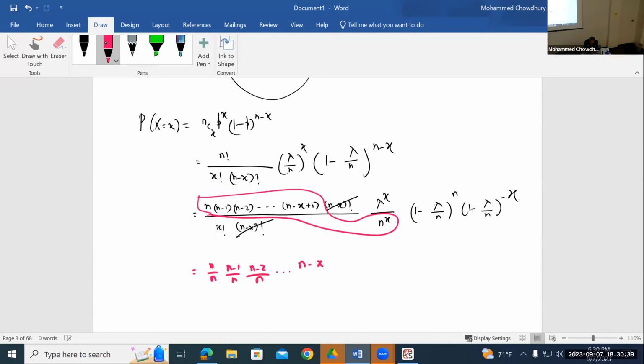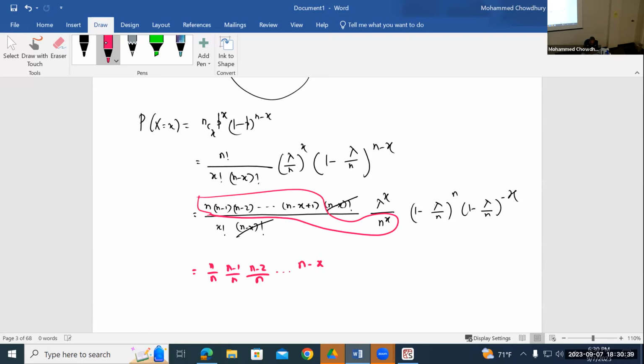Now the other quantity: suppose B equals 1 minus lambda over n, to the power minus x.